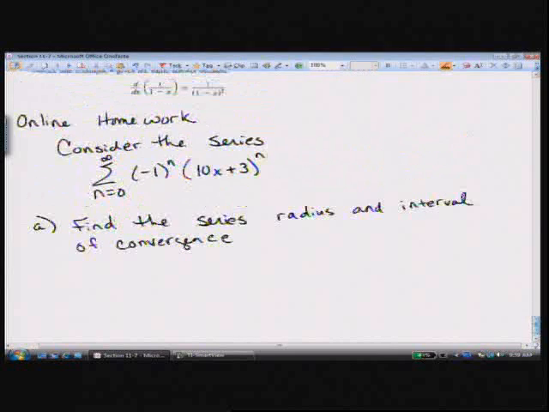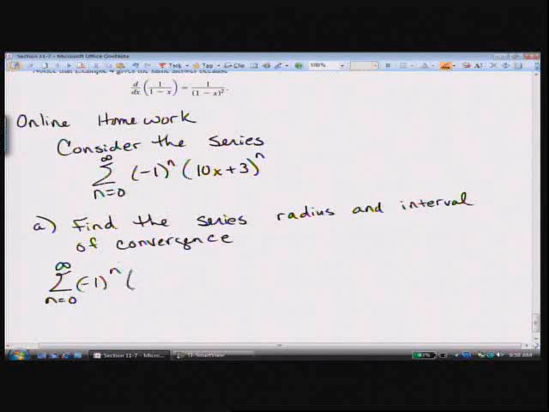Okay. And so what you might want to do is consider writing some terms out. When n is 0, you're just going to get, obviously, 1. When n is 1, it's going to alternate. It's going to start negative, and that's going to be 10x plus 3.